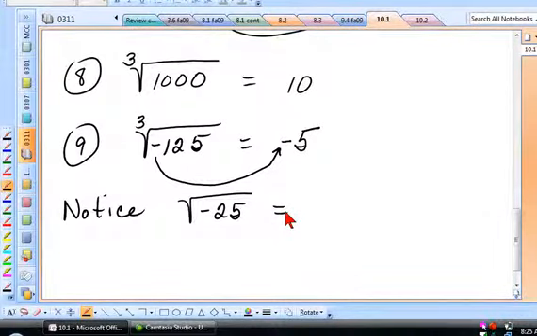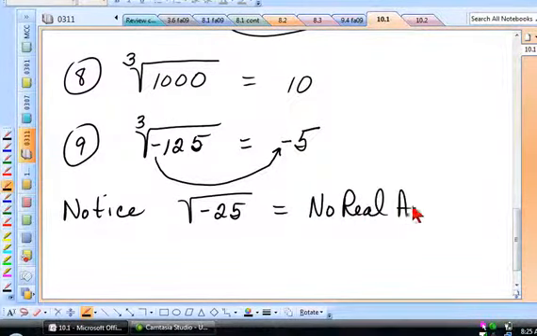Nothing. At least nothing real. Because if you square 5, you get positive 25. If you square negative 5, you get positive 25. This does not have a real answer. There's no real answer. In MATLAB, if that should happen to you, it will have you type in an n.